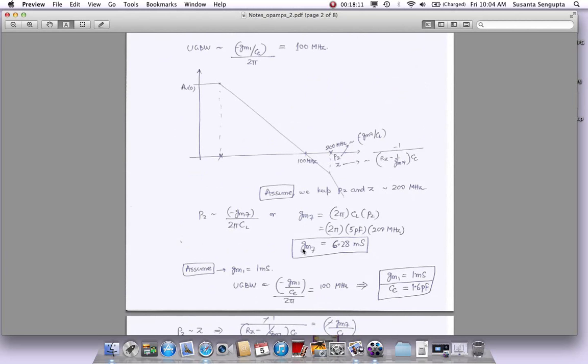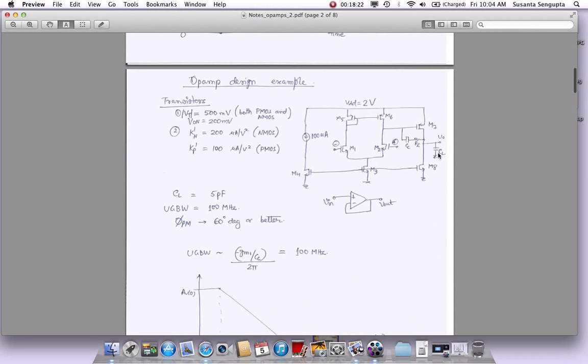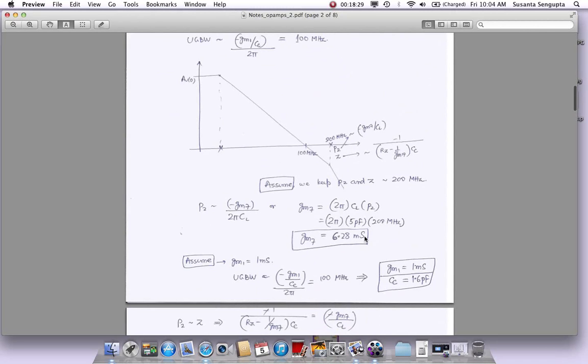All this will give you a GM7 of 6.28 millisiemens. So that's how we find that, in order to keep a pole here at 200 megahertz, and in order to be able to drive 5 picofarads, this GM should be 6.28 millisiemens. So that is one GM we have found.